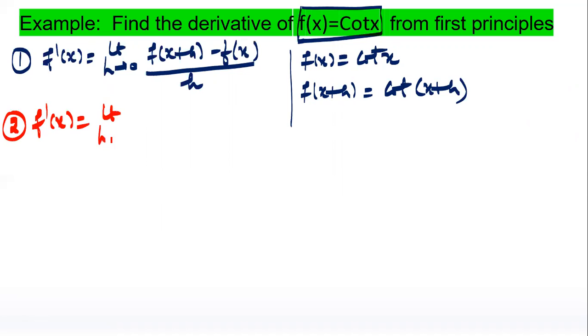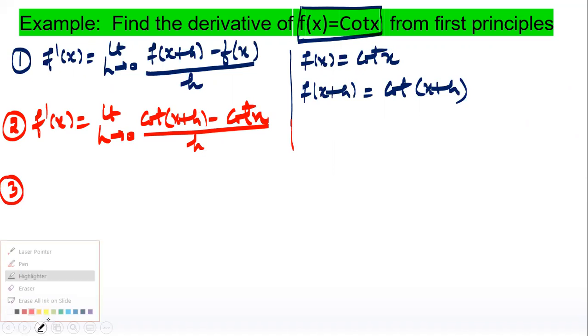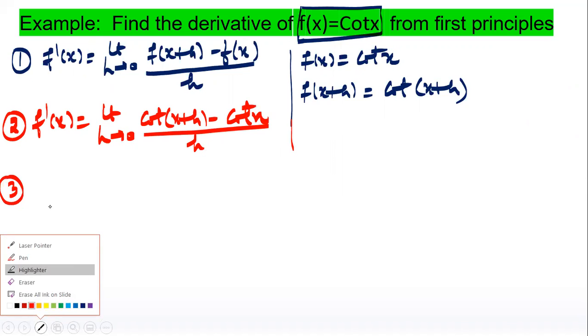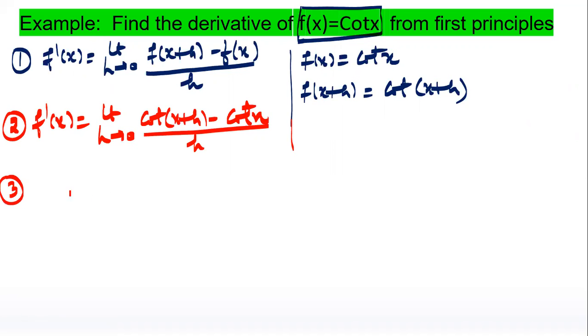Now substitute the value. Second step: limit h tends to 0 of [cot(x+h) minus cot x] upon h. Third step, simplify it. Simplifying it, what can we do?